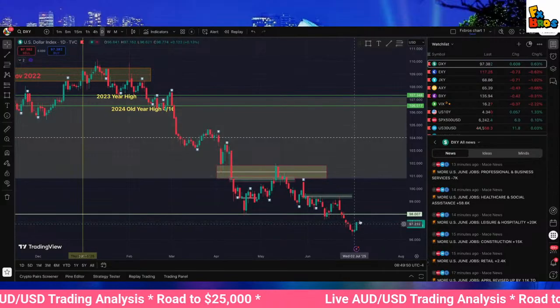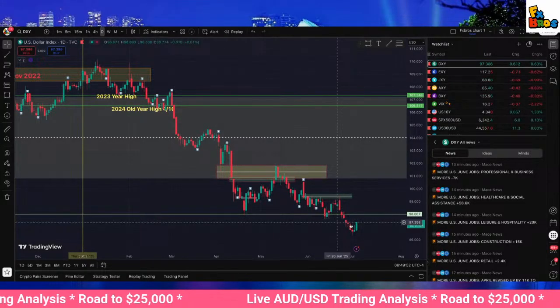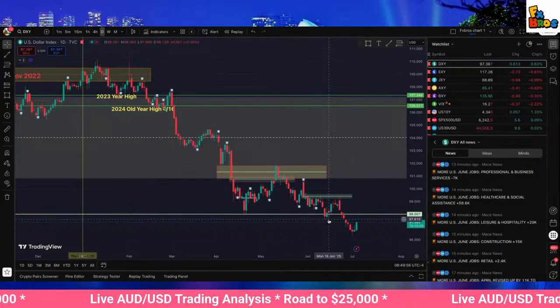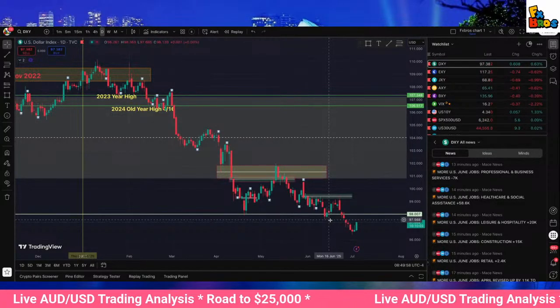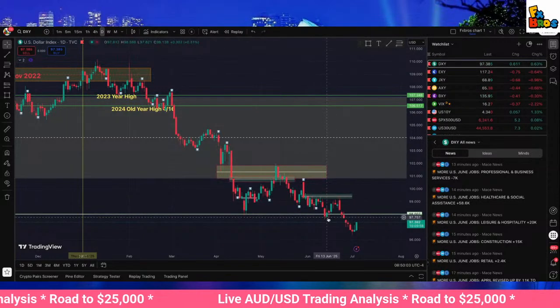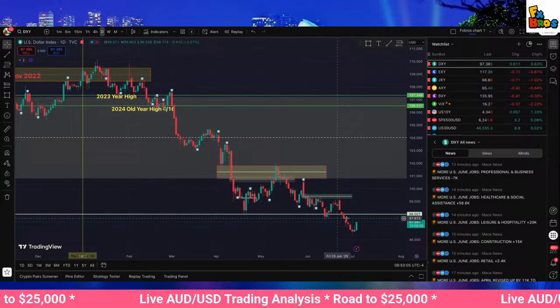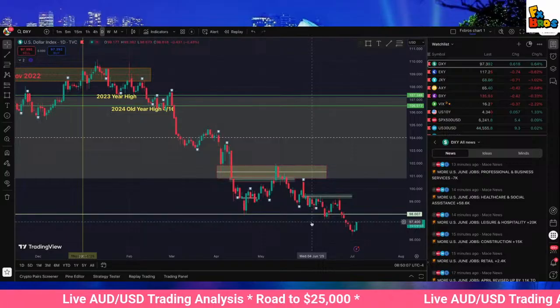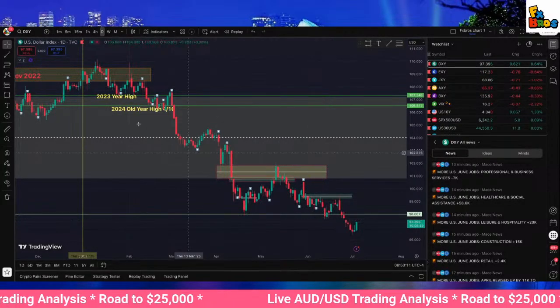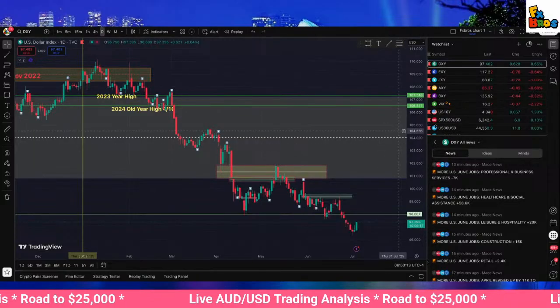This is just a retest. It already broke structure, so every structure for the most part has to have some kind of retest or pullback somewhere. And that's what we're experiencing. So I think it's gonna go back to what we all know, and it's just gonna be more sales for the dollar, and then AU is gonna turn back bullish.